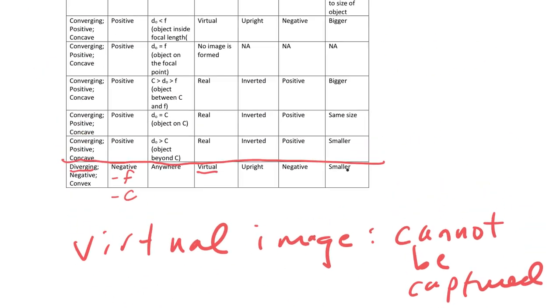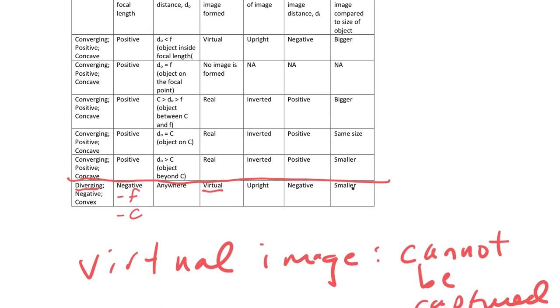They reflect. Okay, so continuing with diverging, also called negative or convex mirrors. Anywhere you put the object, the image will be virtual, cannot be caught on a screen. It will be always upright. When you're solving problems, the image distance will always be negative because the focal length is negative, and the size of the image will always be smaller.